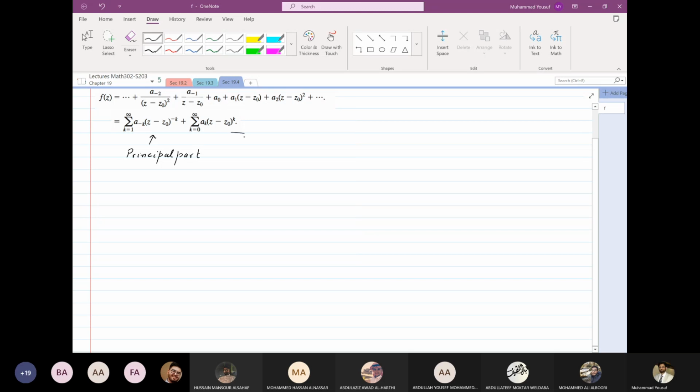And the other part is called the analytic part, with the positive powers. So a Laurent series has two parts, principal part and analytic part. Now, the principal part tells us about the singularities, if there is a singularity or no singularity. Okay.